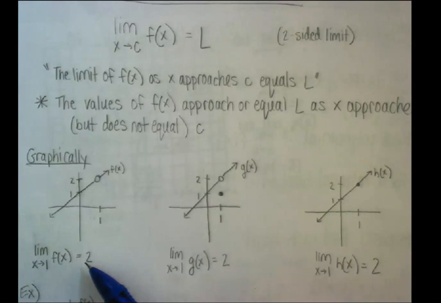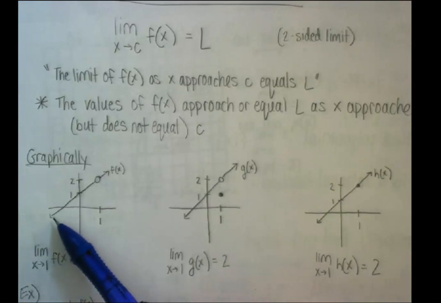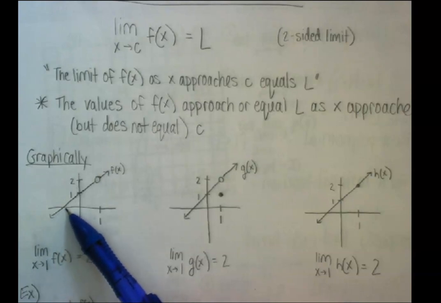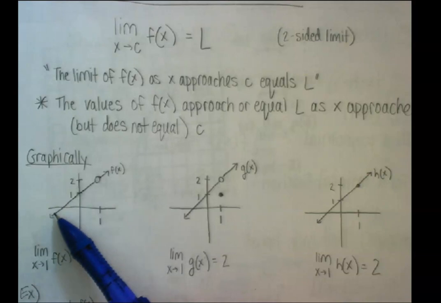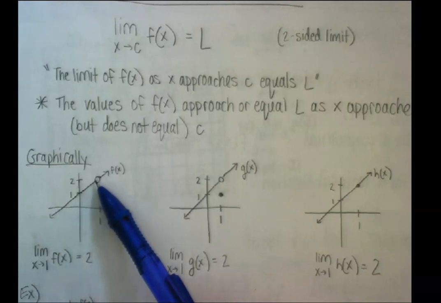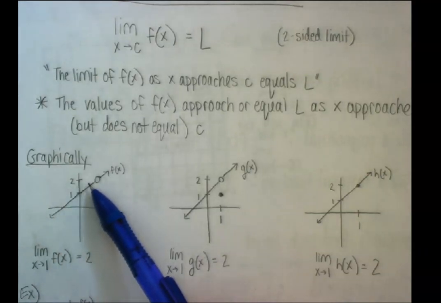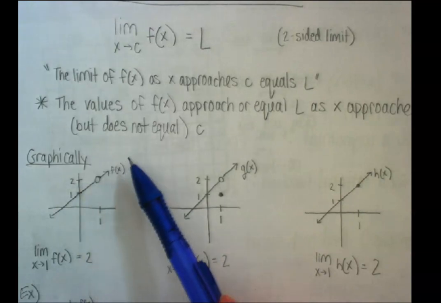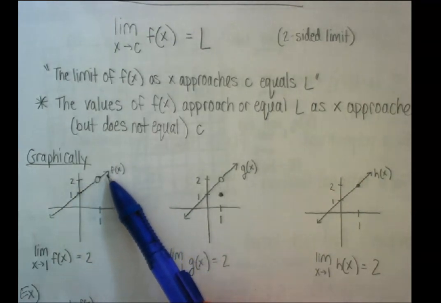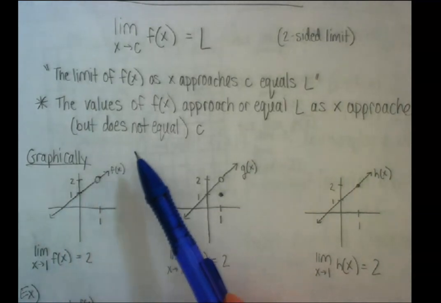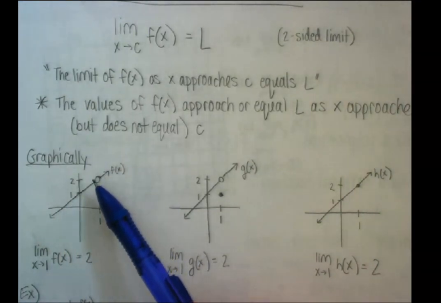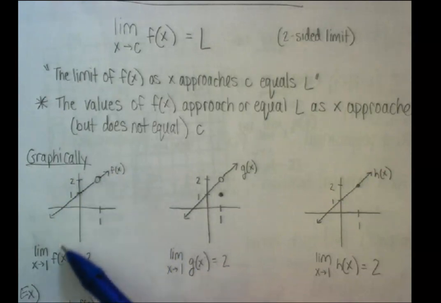And the reason that's the case is because if I put my pencil on this line and approach where the graph is when x equals 1, the y value that I'm getting closer to is 2. And because that's true from both sides of the graph, I am getting closer to the same y value, which is 2. That's why we can say the limit is 2.